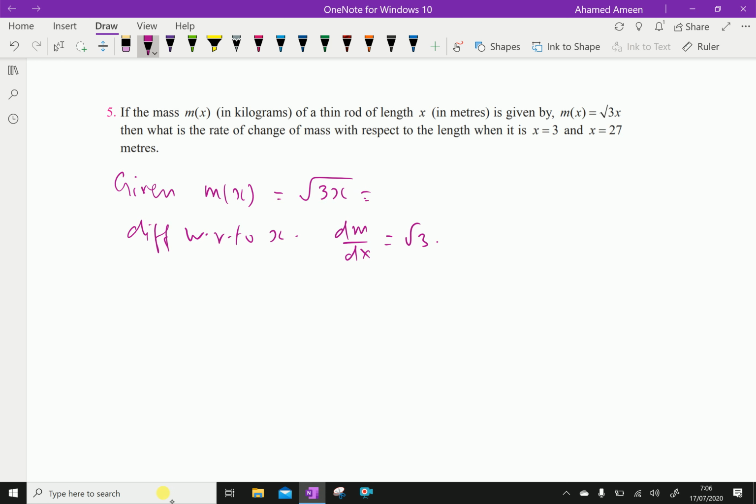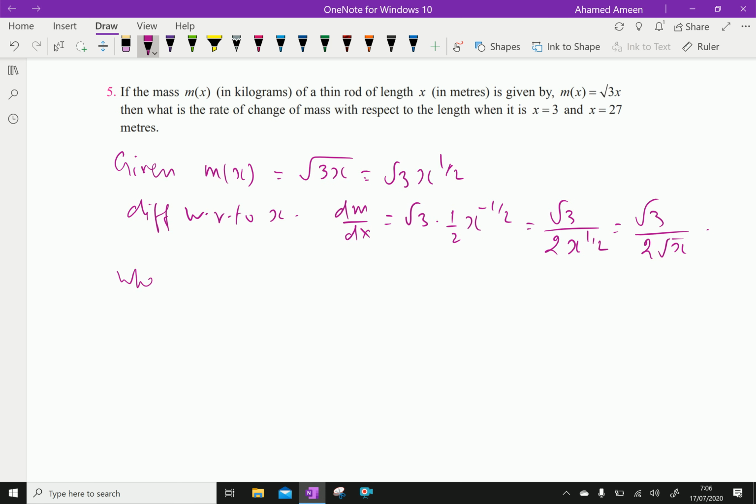You can write this as root 3 into x power half minus 1, which is minus half, which equals root 3 by 2 x power minus half. Further, you can write root 3 by 2 root x.